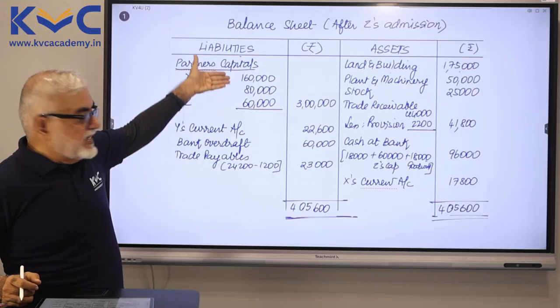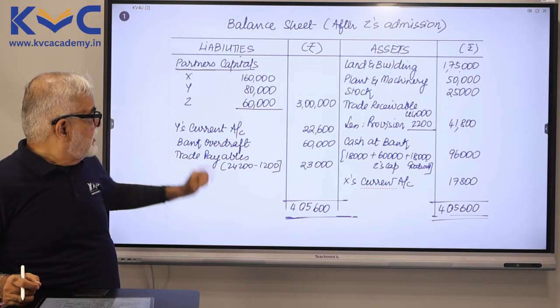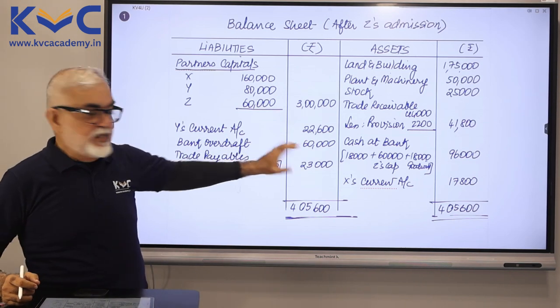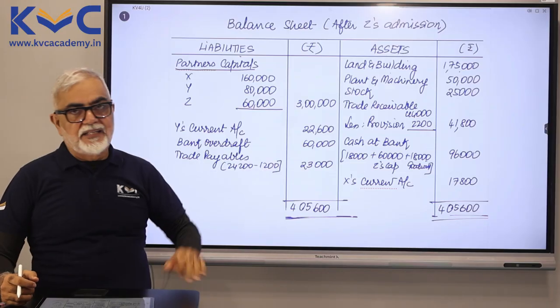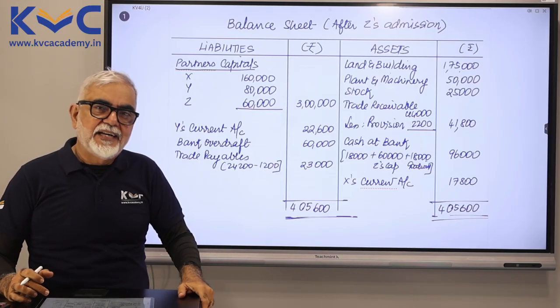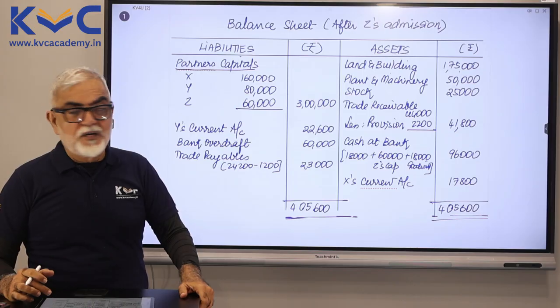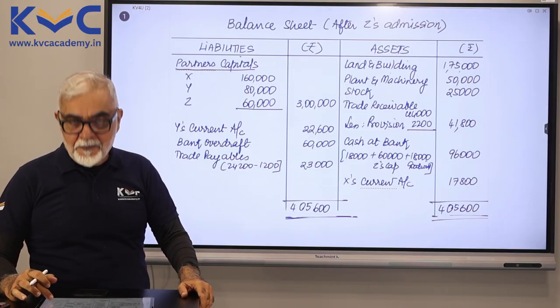On the liability side, the capitals are agreed as 160, 80 and 60. They maintain that. Y's current account has a credit balance. Bank overdraft no change. And trade payables are reduced by 1,200, therefore 23,000. The balance sheet should tally easily. If you kept cool, you would have got it. So keeping cool is very important inside the examination hall.